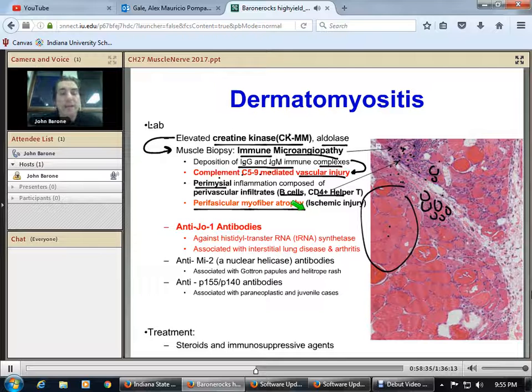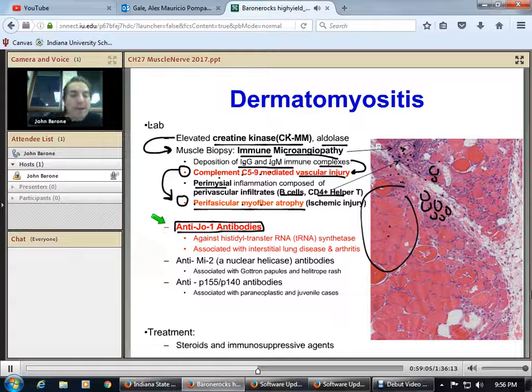All right, now let me repeat. What do I need to know here? You need to know it's a vasculitis. Your immune system is causing complement-mediated damage, and T cells are also coming in too, but it's complement-mediated damage, so you're getting ischemia of the fibers at the edges. Perifascicular, notice I made it red. So complement damage to vessels leads to ischemia and atrophy of the fibers at the edges, perifascicular.